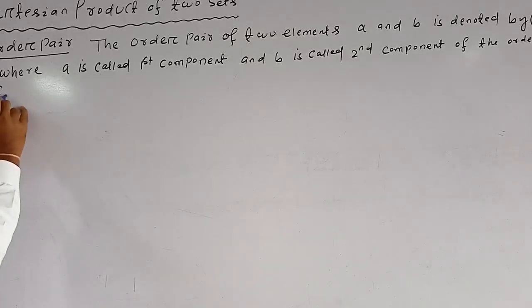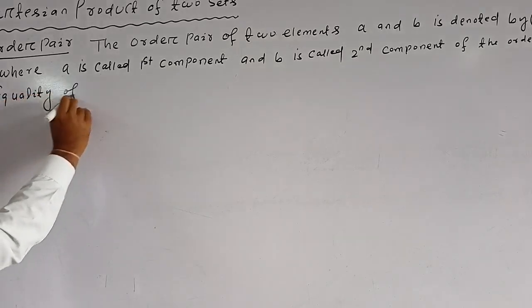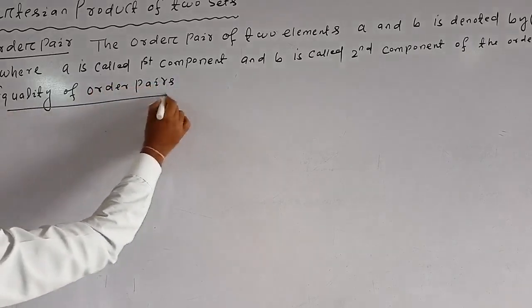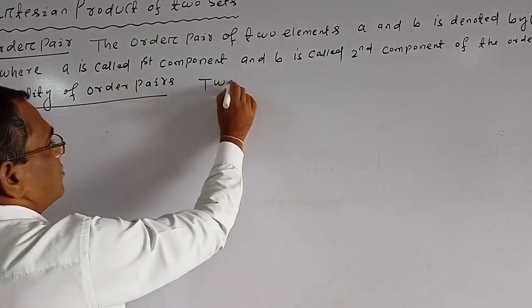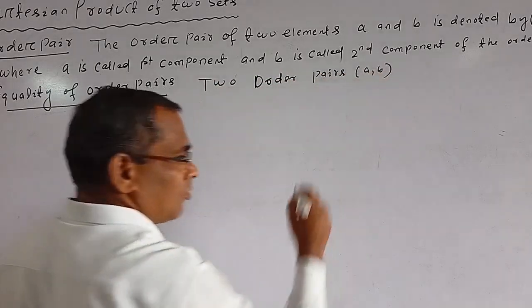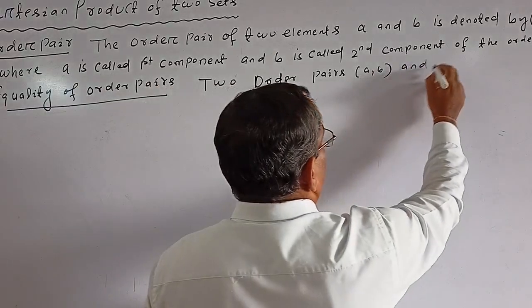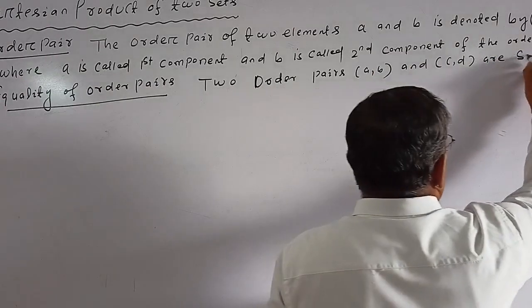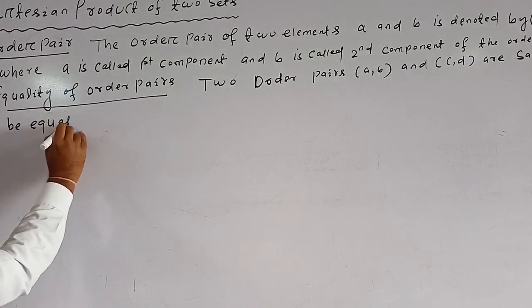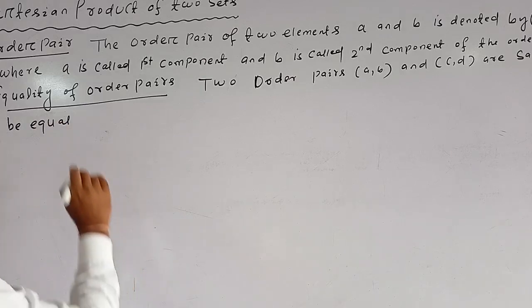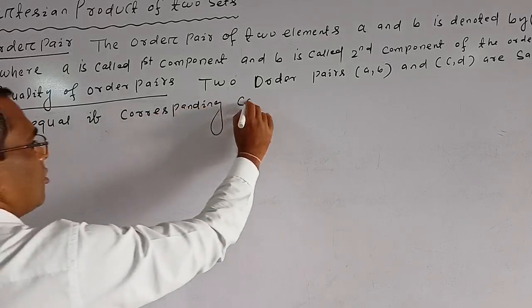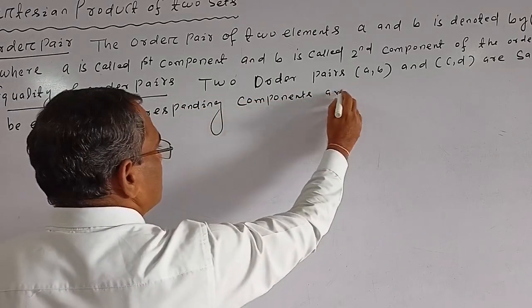Next, equality of ordered pairs. Two ordered pairs (A, B) and (C, D) are said to be equal if corresponding components are equal.